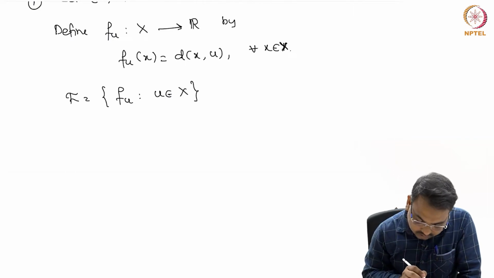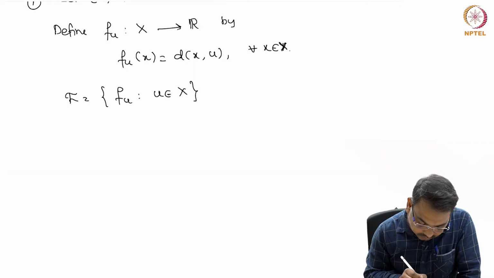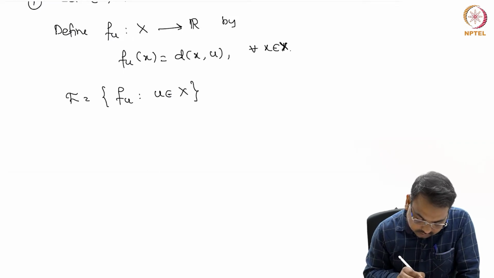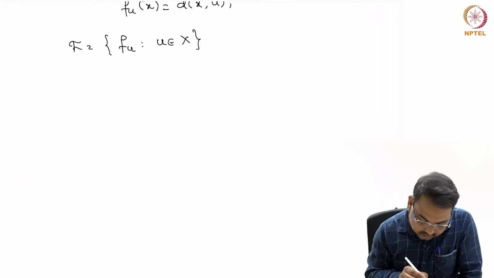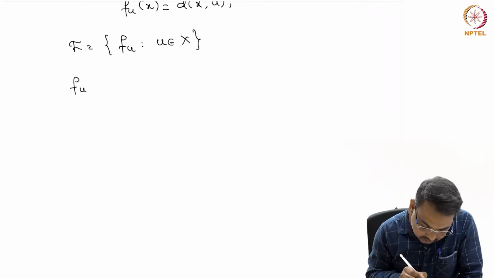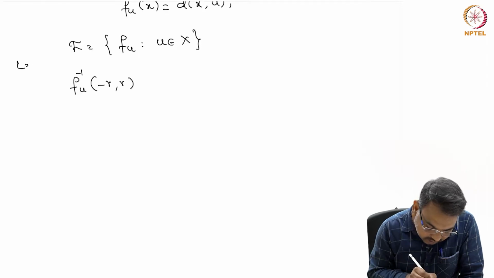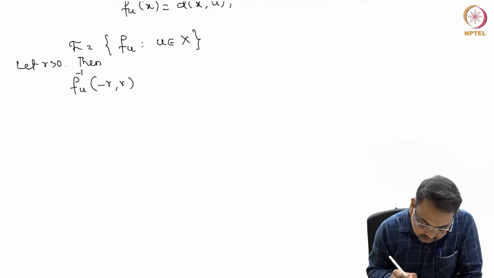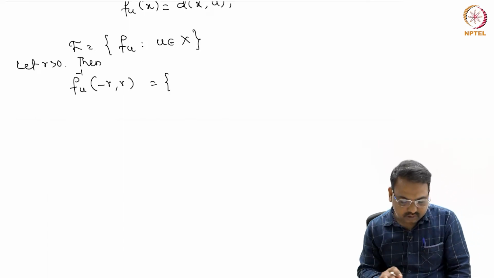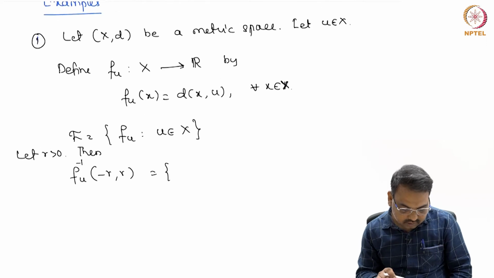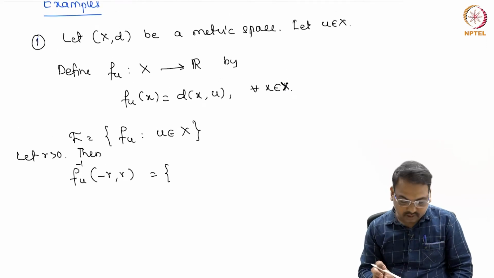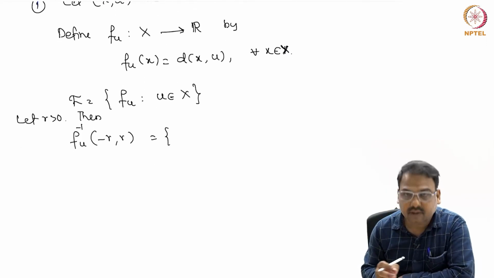Let us look at f_u inverse of (minus r, r). Let us start with some positive number r. Then we are looking at f_u inverse of open sets on the right-hand side with respect to the usual topology.